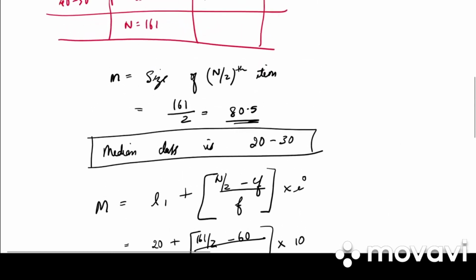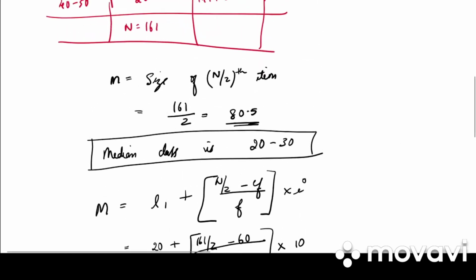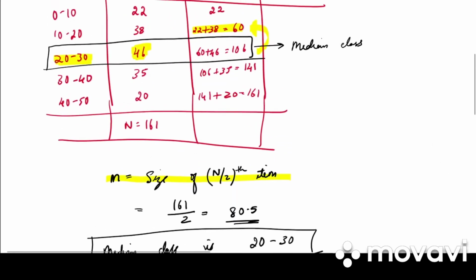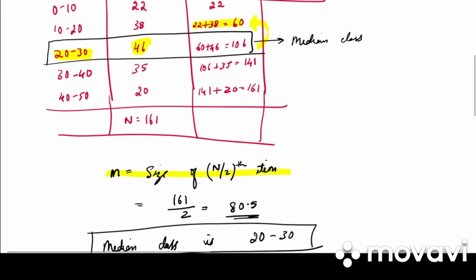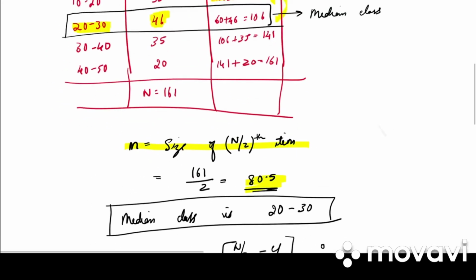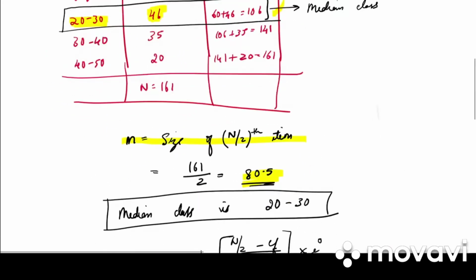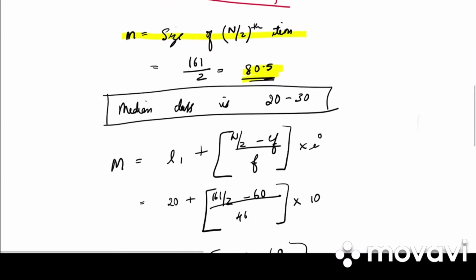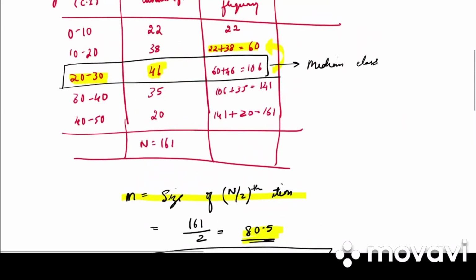So in case of frequency series, what is the first step? The first step is we need to find the size of n by 2th item. After we have found that, we need to go to the table and see the cumulative frequency. Whichever number is next to the answer we have got, that will be the median class. After we have found the median class, we need to write the formula.